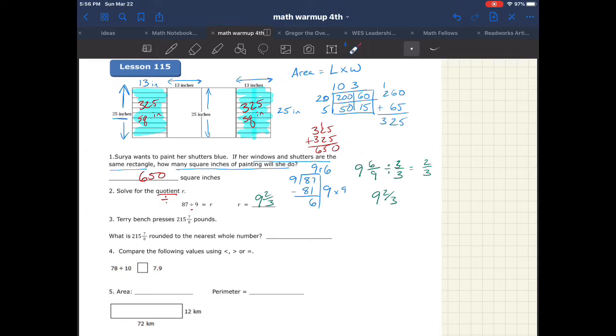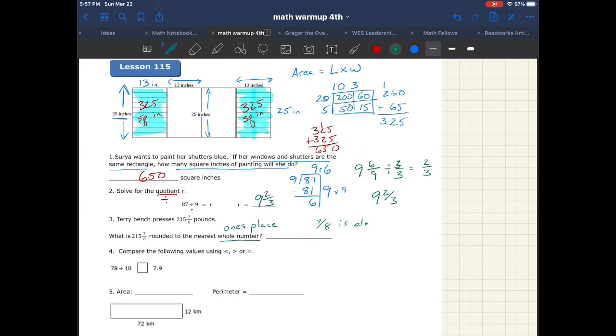Number 3, Terry bench presses 215 7/8 pounds. What is 215 7/8 rounded to the nearest whole number? So when we see the nearest whole number, that means the ones place. And 7/8, if you'll think back to some of those fraction strips, 7/8 is almost 1, right?